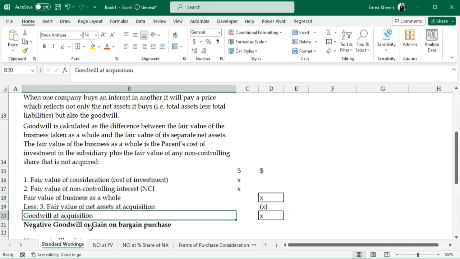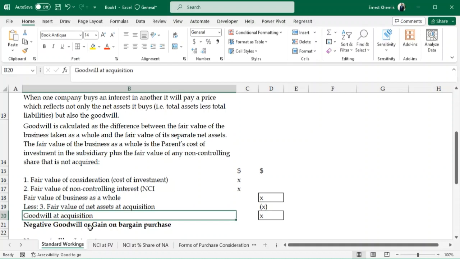Now, when it is a positive goodwill, it is replacing our cost of investment within the non-current assets portion of the parent's financial statement. Now, you might be confused because you did not watch my previous video. If you watch my previous video, I touched on IAS 27, separate financial statements, where I showed you how a separate financial statement looks like.